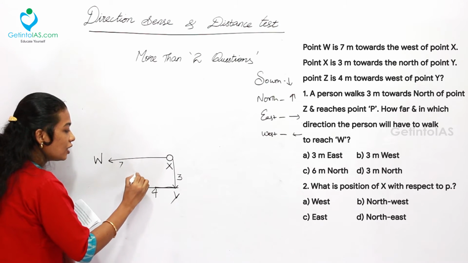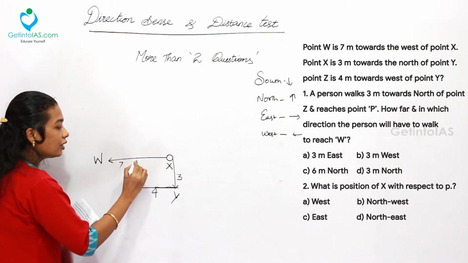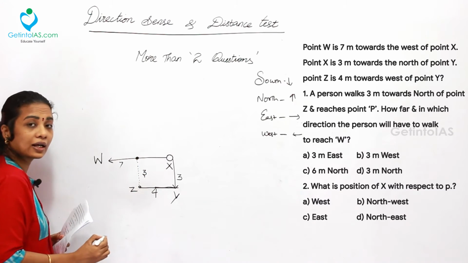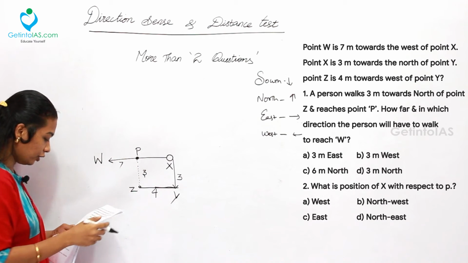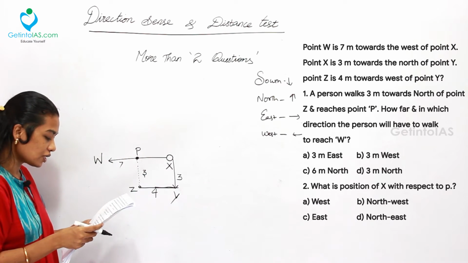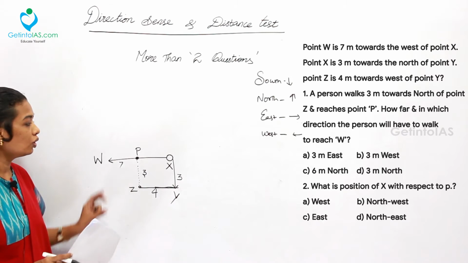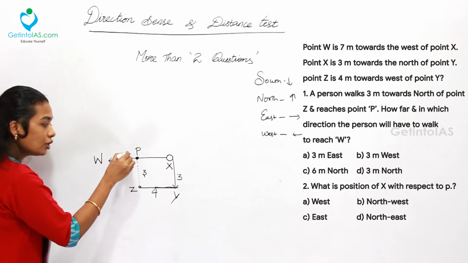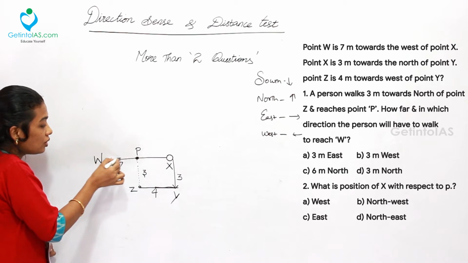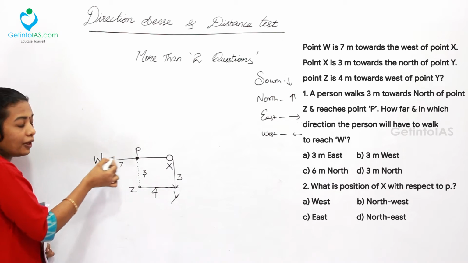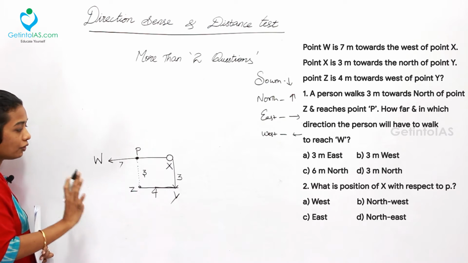So extending the line 3 meter, he will be exactly at this point, right? And reaches the point P over here. How far and in which direction will the person have to walk to reach W? That's all. This is the question. From this point, what is the distance he wants to cover and what is the direction? That is, from the P, what is the direction of W? That is simply what we want to find.